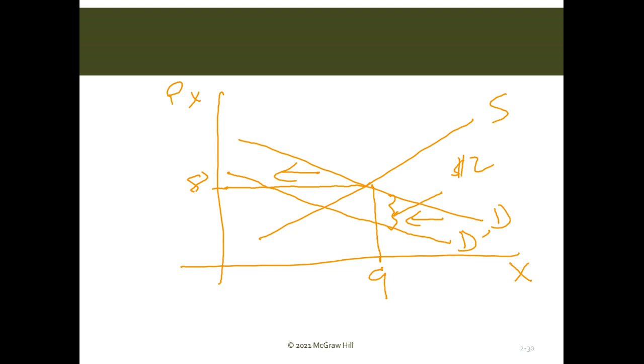Because if a heavy tax is imposed on me, of course I'm going to demand less, since the price including taxes will be higher. But this decrease in demand is not because of the price of X. Otherwise I would have been moving along the same demand curve. This is because of the taxes. That is why I shifted the demand curve to the left.